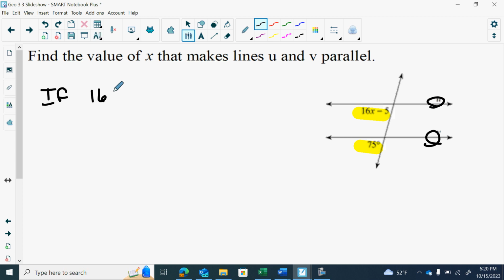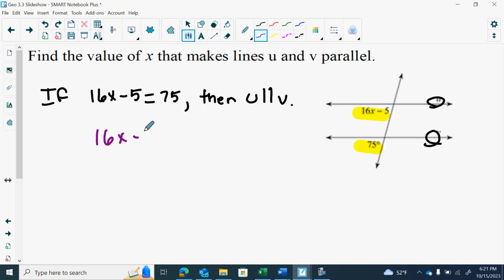If 16x minus 5 is equal to 75, then line u is parallel to line v. That's the statement I know I can use. And if anyone asks you for a reason, you can just say, converse of the corresponding angles postulate, my apologies. So now we have a basic algebraic equation we're going to solve.